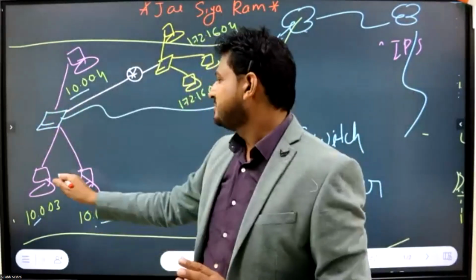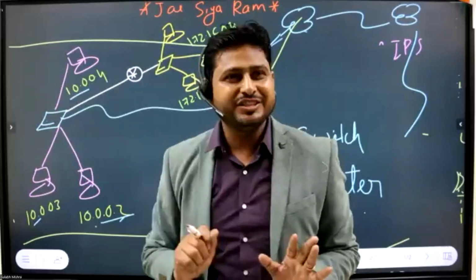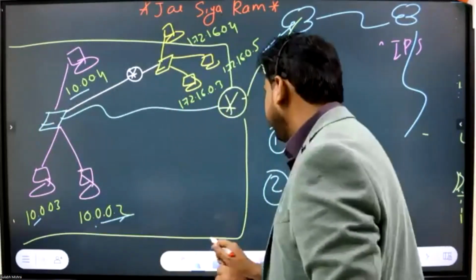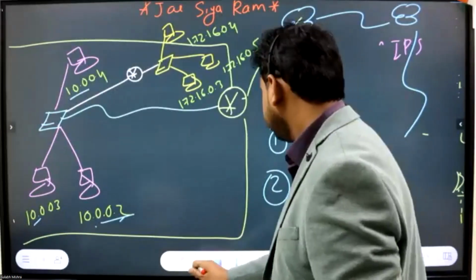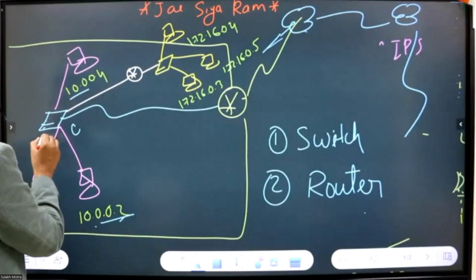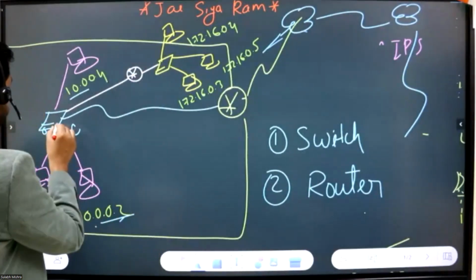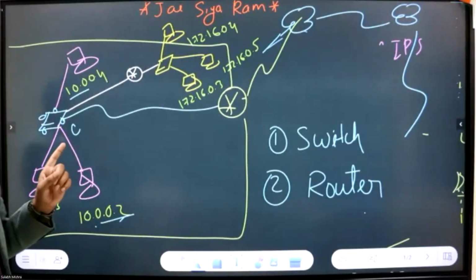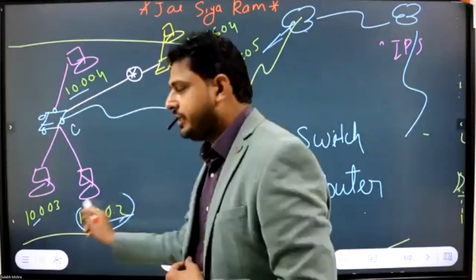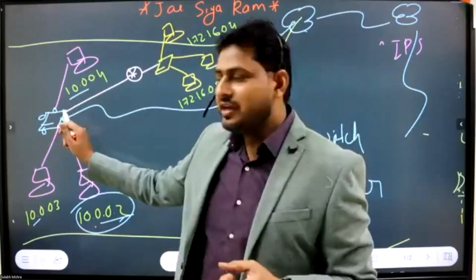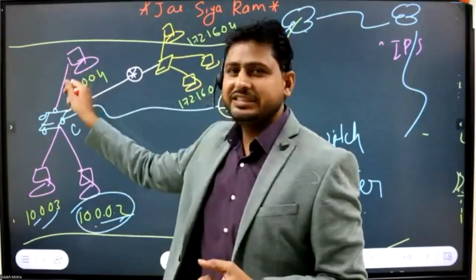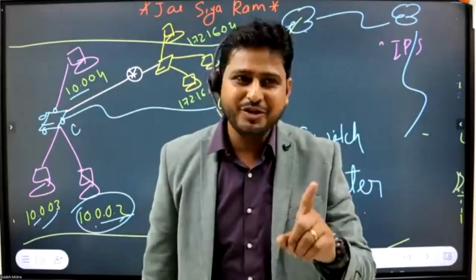You can see all are connected to the switch, right? In a switch you will have multiple ports. If for example you have connected a 10 dot range of IP to one switch port, on all the switch ports you can only connect computers with the same range of IP addresses.